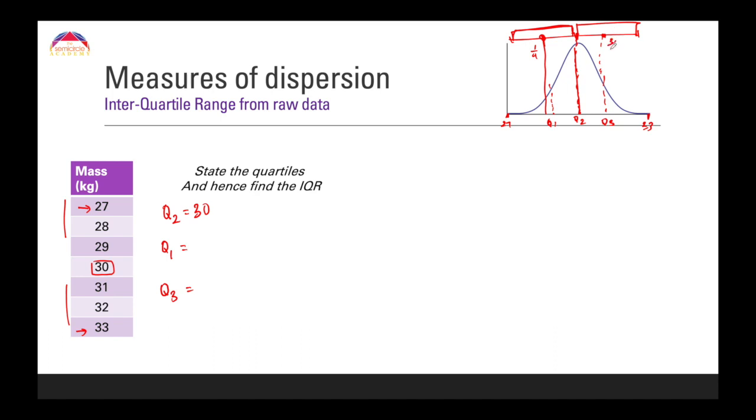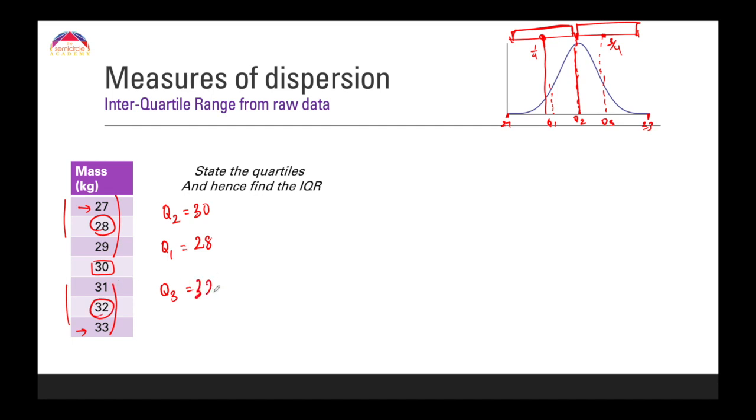That's your 3/4 mark. So if I look at this half, I can see that this value is in the middle of this half, so that is my Q1. Q1 is 28, right? And if I look at the higher half, I can see 32 is in the middle of the higher half.